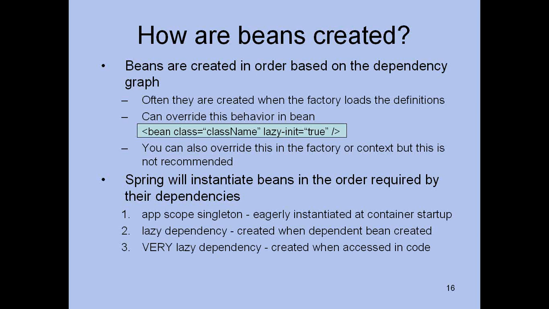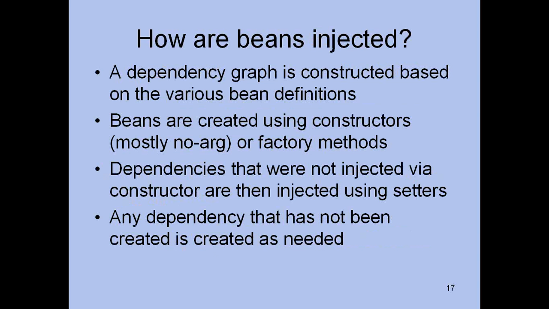Suppose there are too many beans that need to be loaded at the startup of the application and all of them are not required. We can mention in the configuration to lazily load the beans using lazy-init equal to true. So those beans will get instantiated only upon the first request. They are not loaded when the application starts up.